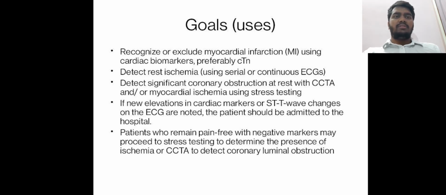If new elevations in cardiac markers or ST-T wave changes on the ECG are noted, the patient should be admitted to the hospital. Patients who remain pain-free with negative markers may proceed to stress testing to determine the presence of ischemia, or CCTA to detect coronary luminal obstruction.